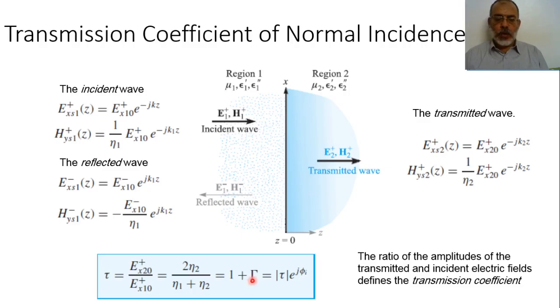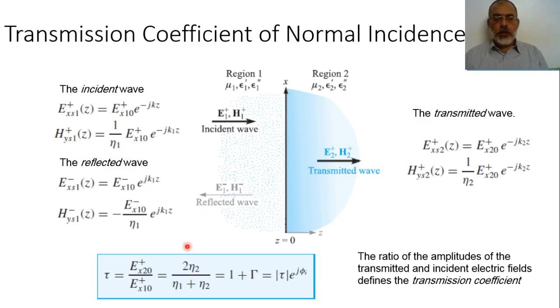So if I replace gamma here by eta 2 minus eta 1 over eta 2 plus eta 1 and add 1, the total summation would be 2 eta 2 over eta 1 plus eta 2, where eta 2 is the intrinsic impedance of region 2 and eta 1 is the intrinsic impedance of region 1.